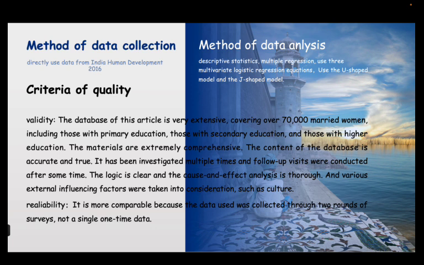So, what about the quality of this article? I think the validity of this article is very good because the database is very extensive, covering over 70,000 married women, the logic is very clear, and there are no external influencing factors affecting this article.